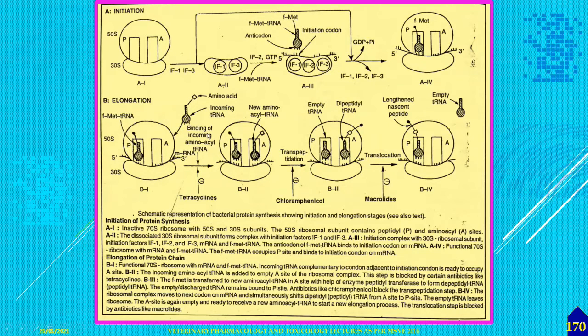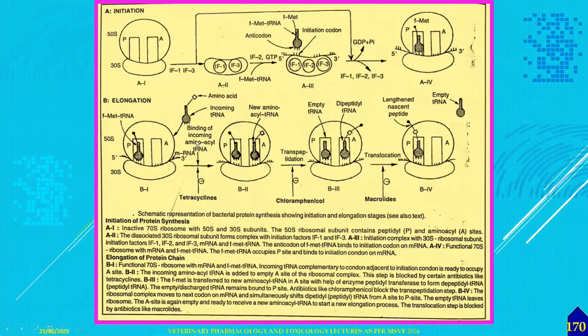The binding of these varieties of subunits will be affected by different antimicrobial agents. So new aminoacyl tRNA will be joined to the A site, then P site, A site and P site. So ultimately the final bacterial protein is formed, and the different steps are inhibited by different antibacterial drugs.